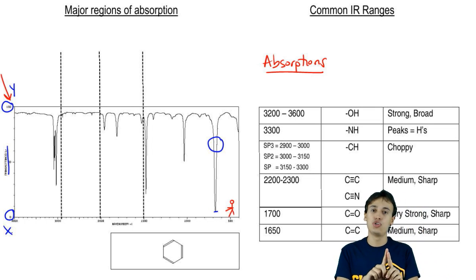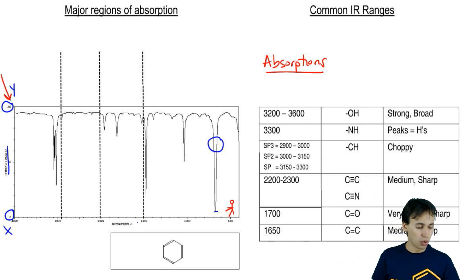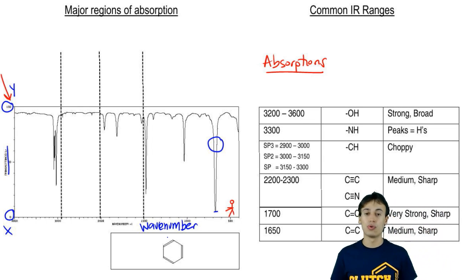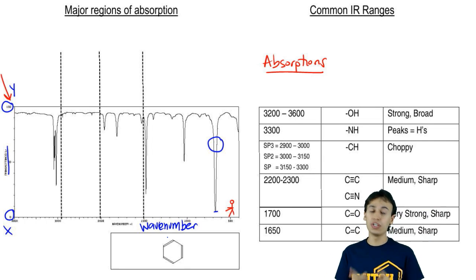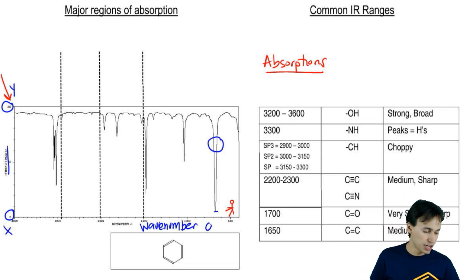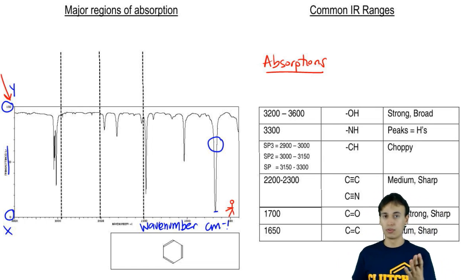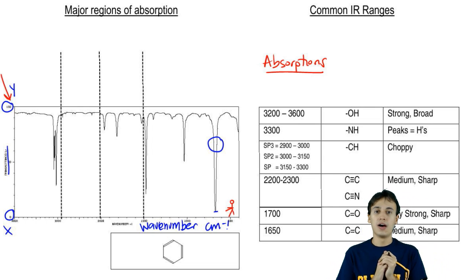The x-axis has to do with those different frequencies of light, and it's measured in something we call wave number. So I'm just going to write this out again. Wave number. Now, you might think that wave number is the same thing as wavelength, but it's actually not. It's a weird way to measure frequency, okay? So it's measured in the reciprocal of centimeters, okay?